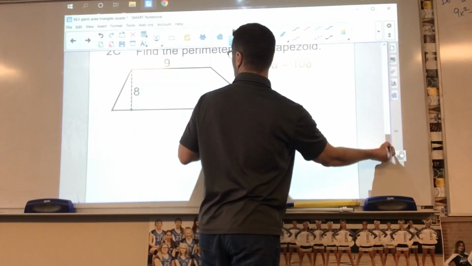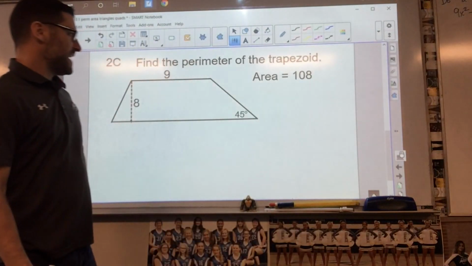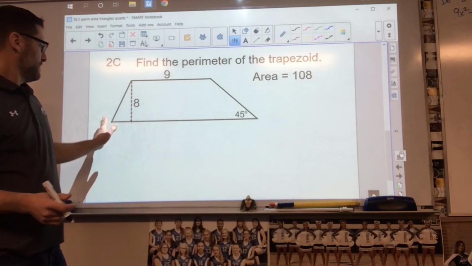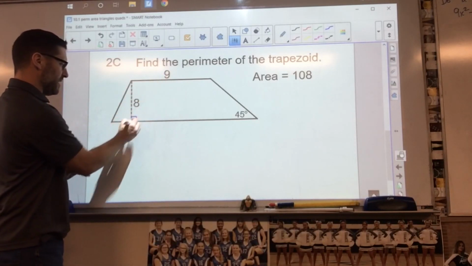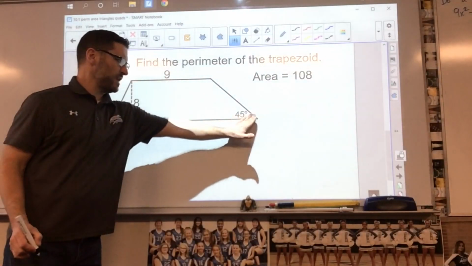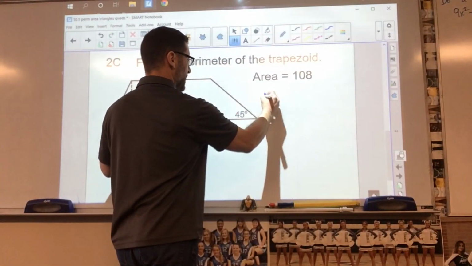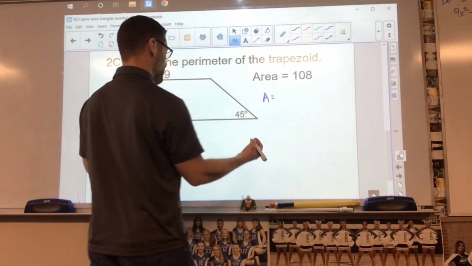All right, next one. Find the perimeter of the trapezoid, given an area of 108. Well, I got base 1, I got a height. Should be a perpendicular height in there. I don't have this base right here. So I'm going to go in and find that base. Area is equal to, because it asked me for perimeter, so I definitely need that base.